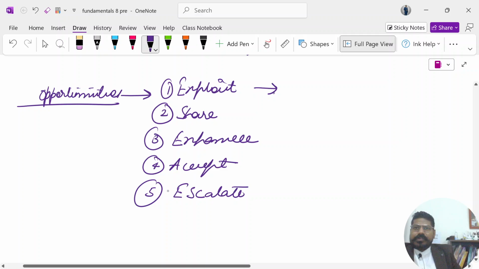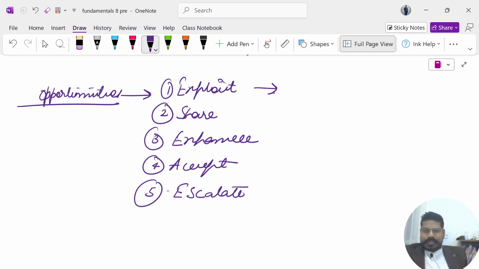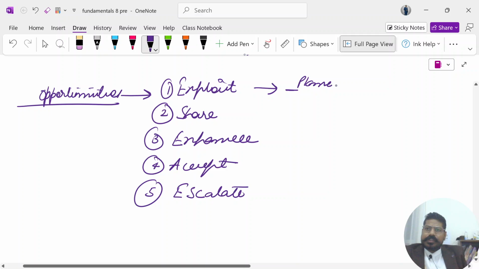An example of exploit is, you know that you have an activity planned, and your best team member, the person who's best at this activity, is going on leave after a week. So you prepone this activity, plan it before, so that it can be done by the best skilled person for this activity. This is an example of exploit.